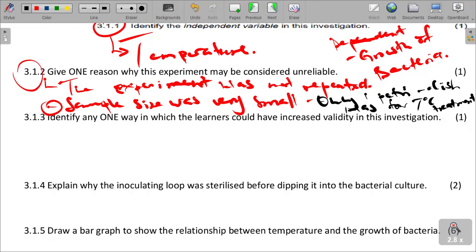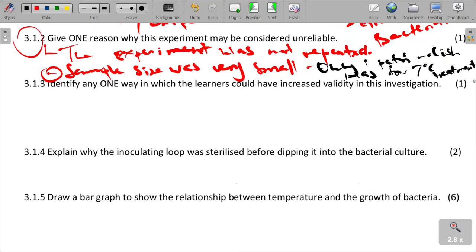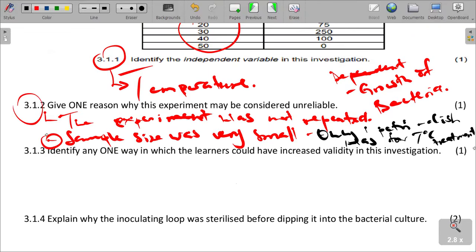And then, identify one way in which the learners could have increased validity in this investigation.